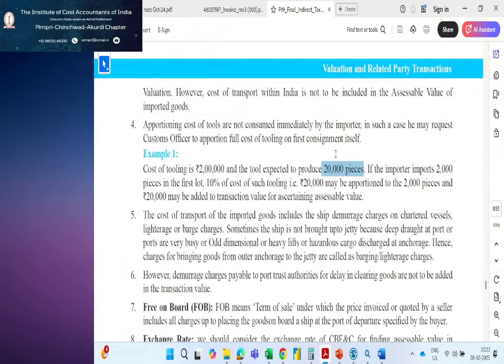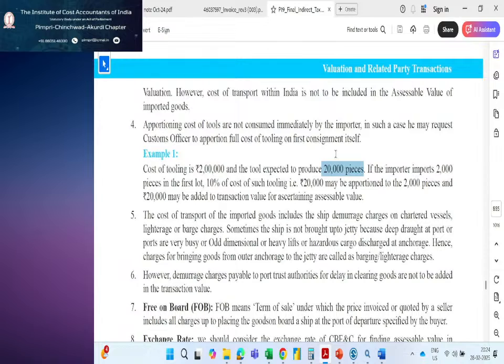So instead of that, what I am doing is apportioning the 20,000 among the 2,000 pieces, which may be added to the transaction value for the assessable value calculation purpose.